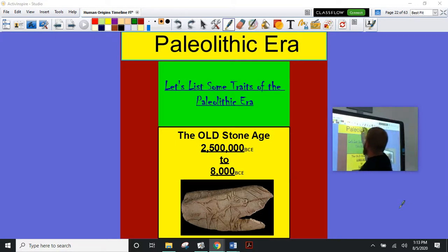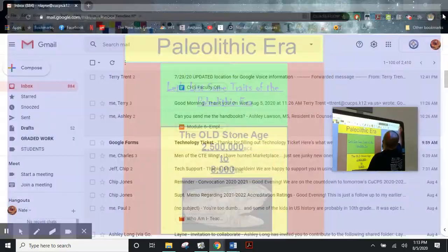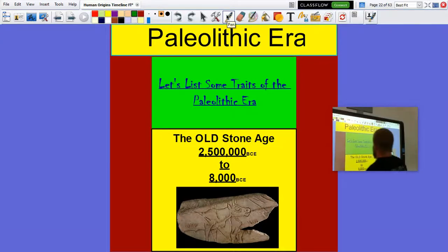So Paleolithic era, that is right here. It is nicknamed the Old Stone Age. Paleo means old, and lithic is stone.